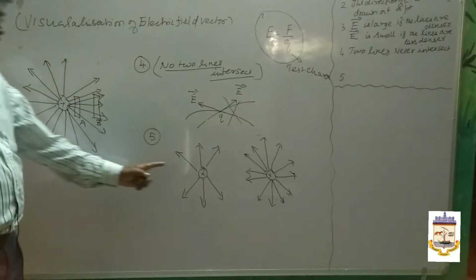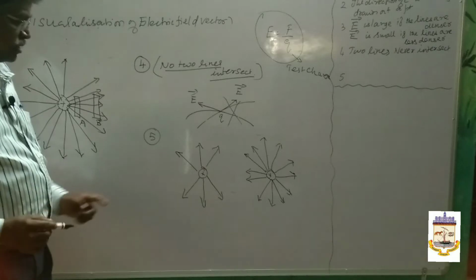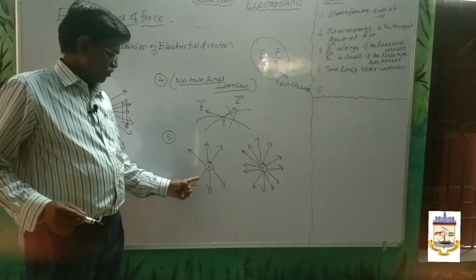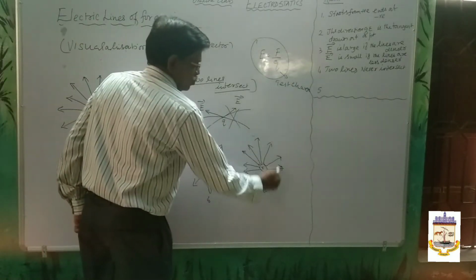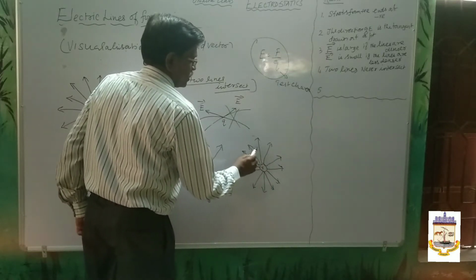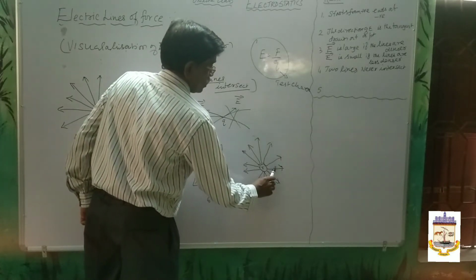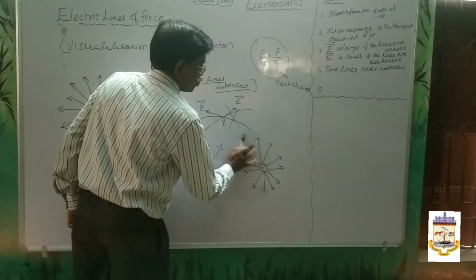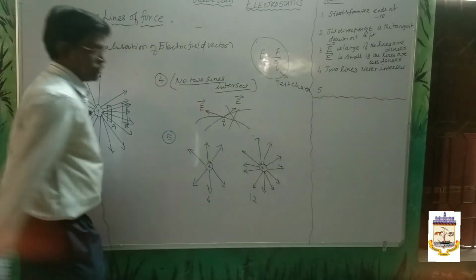Now you consider, I have drawn the two diagrams, so two positive charges. If I count the number of lines here, 1, 2, 3, 4, 5, 6, only 6 lines are there. Here, if I count the number of lines, 1, 2, 3, 4, 5, 6, 7, 8, 9, 10, 11, 12. So this is 12 lines, more than that.